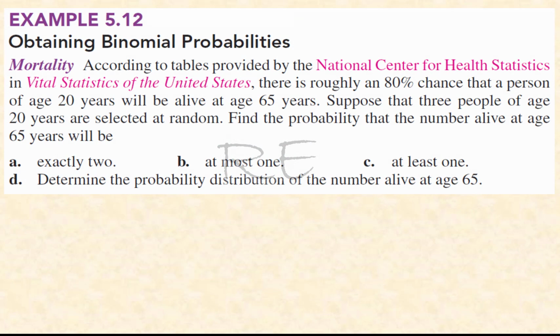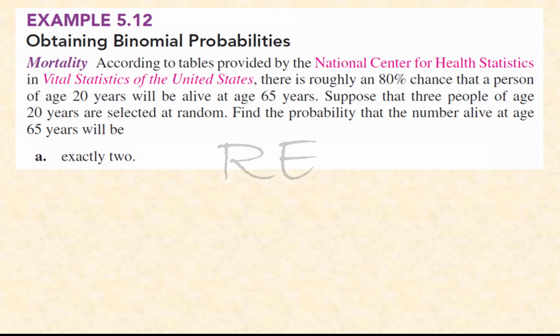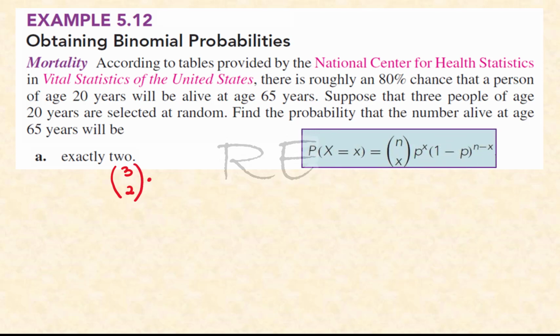Now, for the same problem, we're going to find the probability that the number of people alive at age 65 is exactly 2. Remember that exactly 2 means that out of 3, you're going to have to choose 2. That's for the number of outcomes.